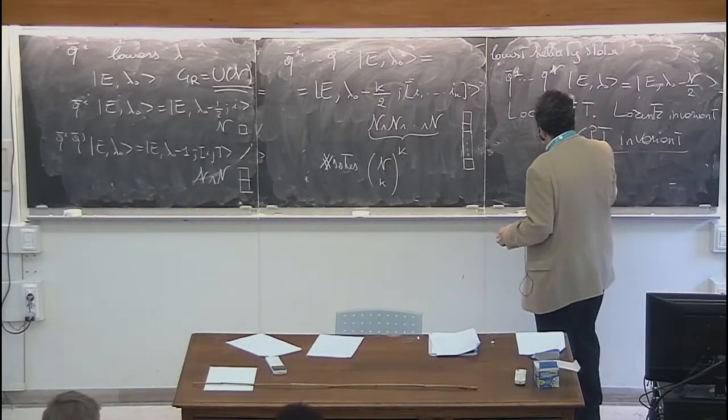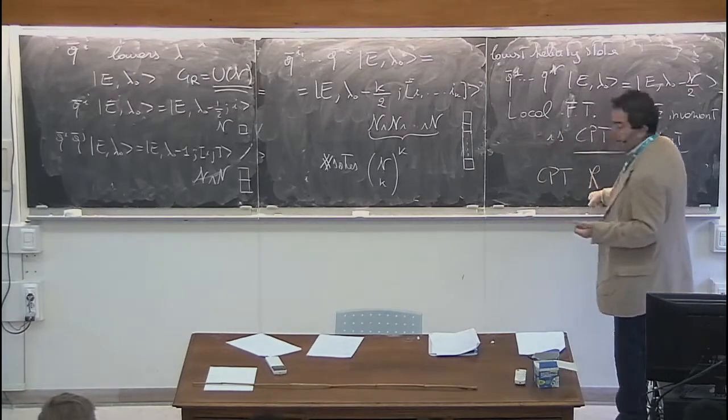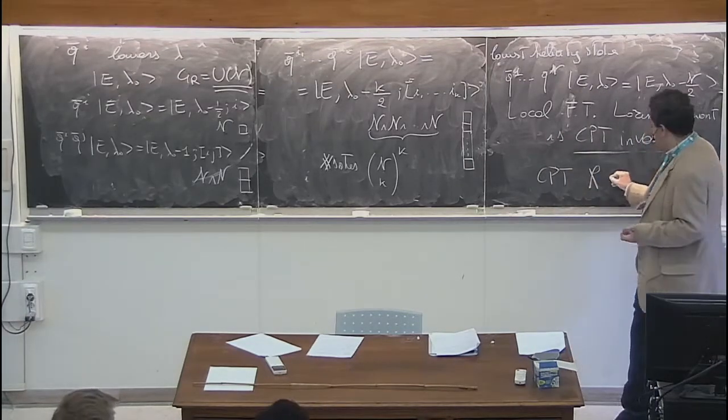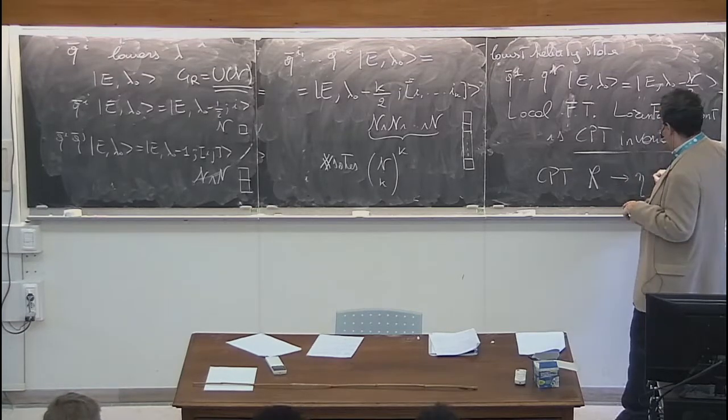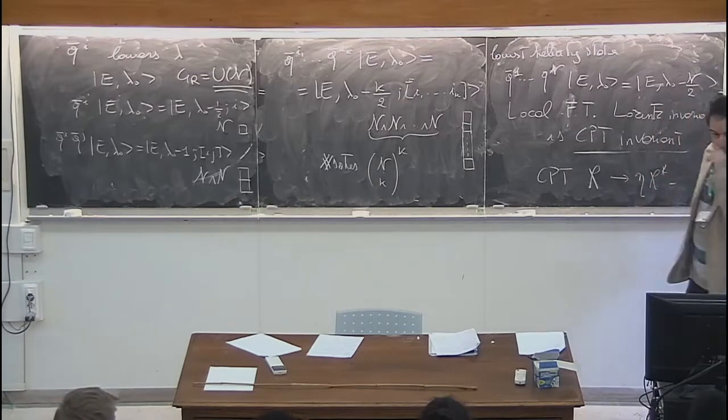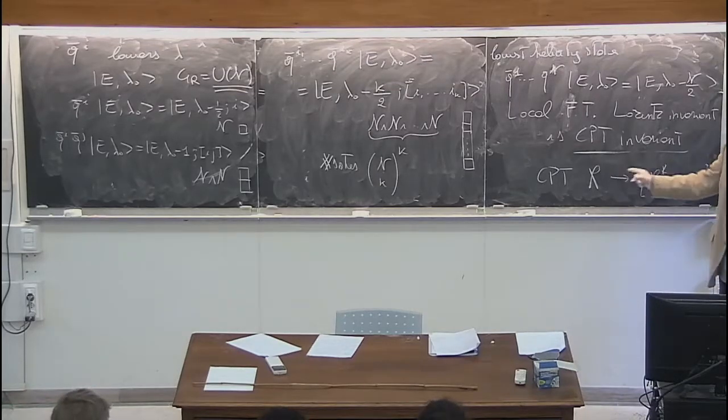CPT, in general, acts on a fermion by mapping it to some phase times chi star. This is the action of CPT on a fermion. On a fermion generator, you have a dagger instead of a star.